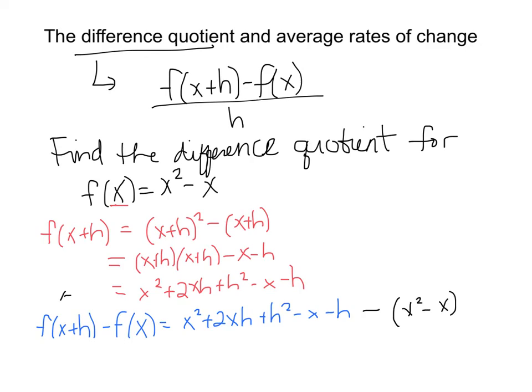When we do that, we have to distribute this negative. So we're going to distribute the negative sign right here. So let me rewrite this. x squared plus 2xh plus h squared minus x minus h. And when I distribute that negative, I have a minus x squared. And I distribute negative times negative x, that's like adding x.